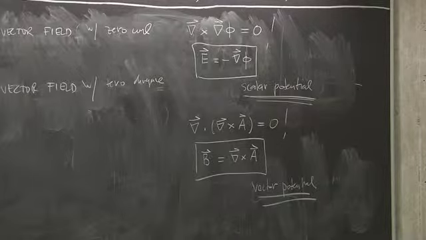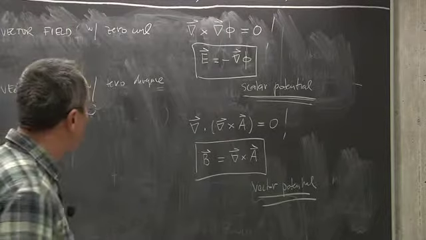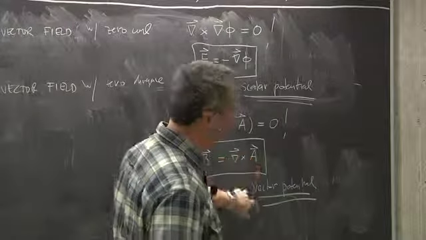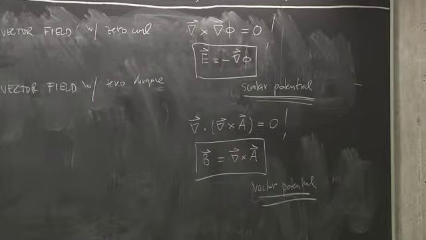It's not very easy to introduce the Lagrangian by means of the electric and magnetic fields, but it's easy by using the scalar and vector potentials. So from the point of view of the Lagrangian equations, the most fundamental fields are not E and B, but phi and A, the scalar and vector potentials.